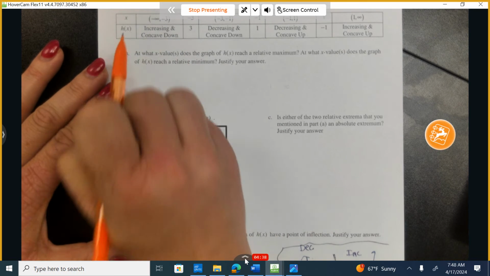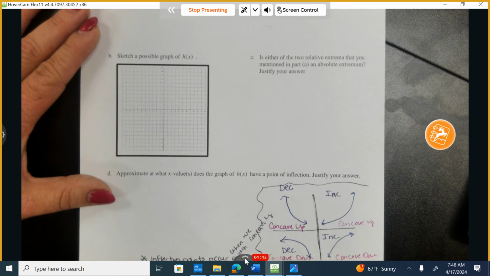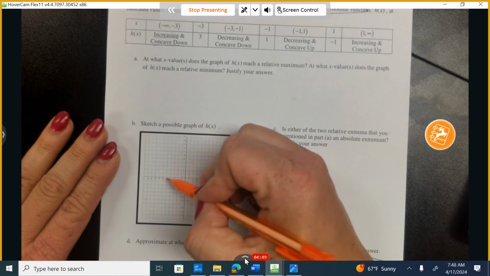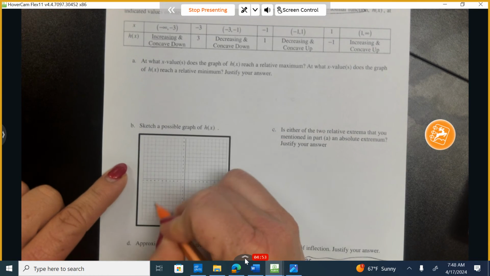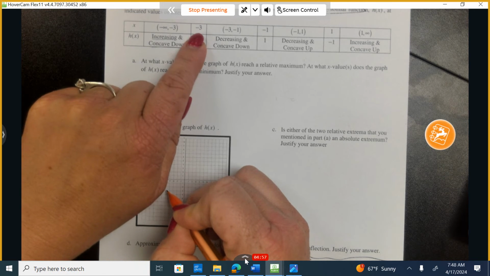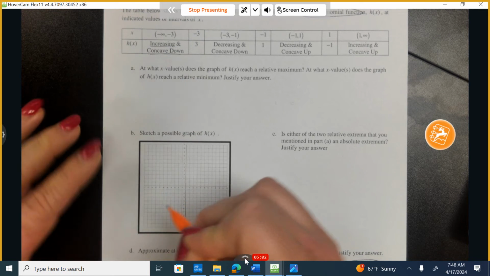I want to look down below and find increasing and concave down. Concave down is here, but this is increasing with concave down. So from negative infinity all the way up to -3, it is concave down. It's making this shape like this. And it goes all the way up to the point where x is -3 and the output, or the y, is +3.